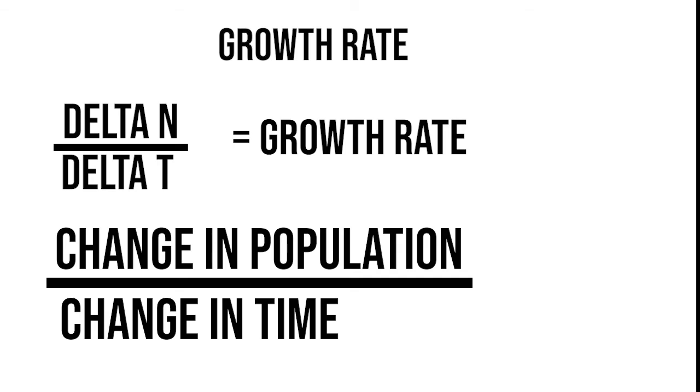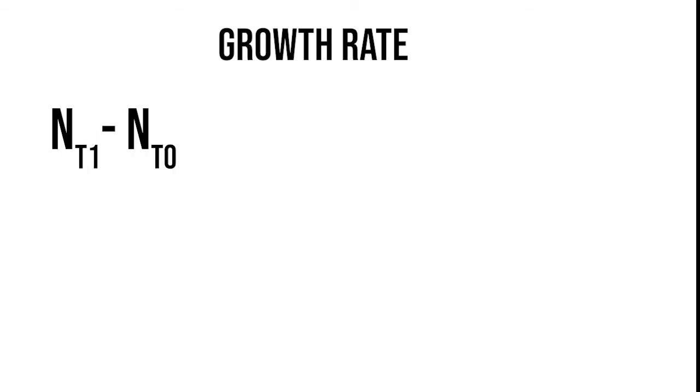So when we say change in population, delta N, what we mean is it's the N at a certain time, we'll call that T1, time 1, minus N at T0.